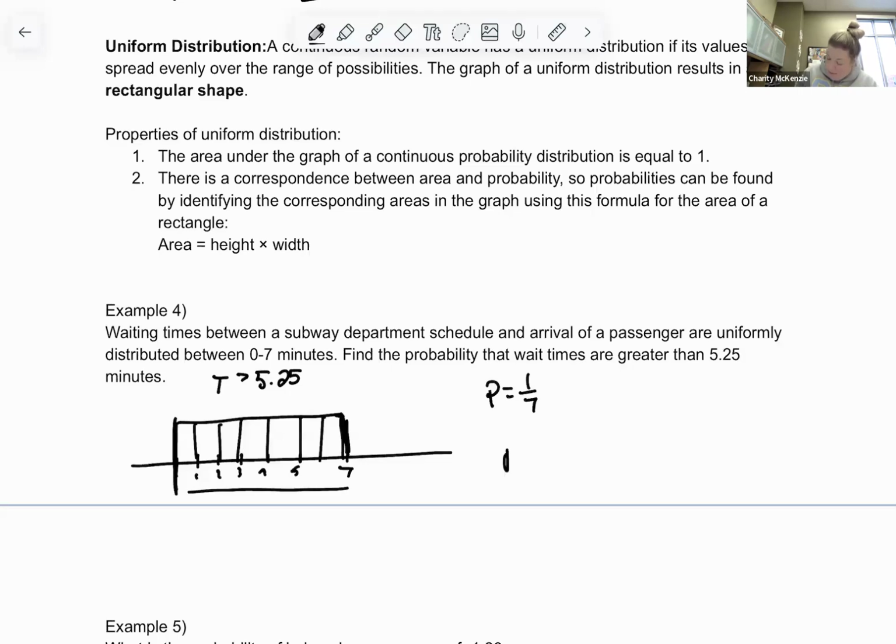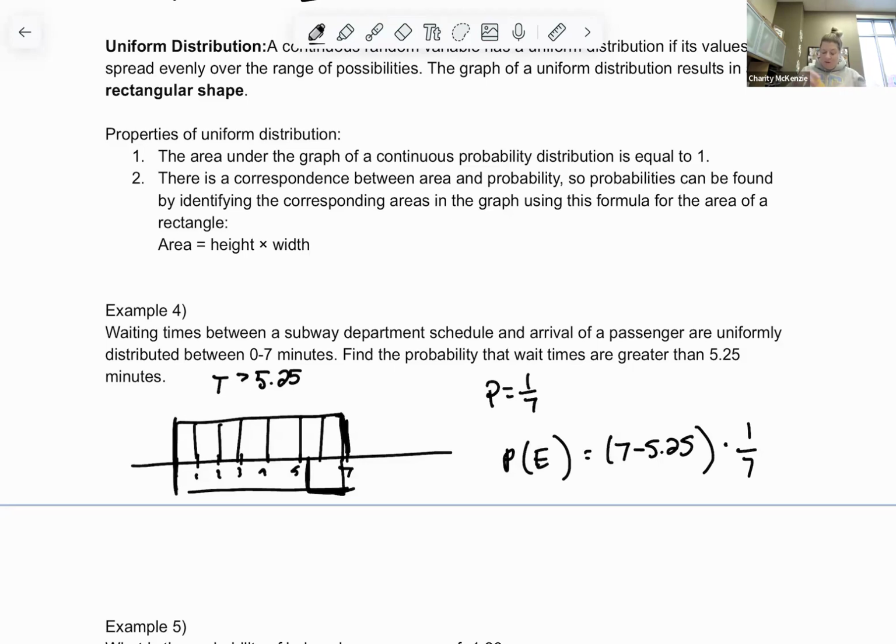So if I want the probability of greater than 5.25, I can take 7 minus 5.25, and that just gives me the section I want. So 7's all the way across, and then I subtract 5.25 from that, then I can get that little piece of a section. And then I'm just going to times it by the 1/7, which is our probability of each section.